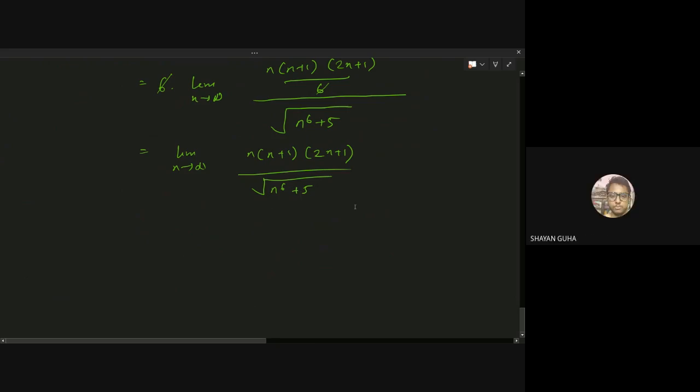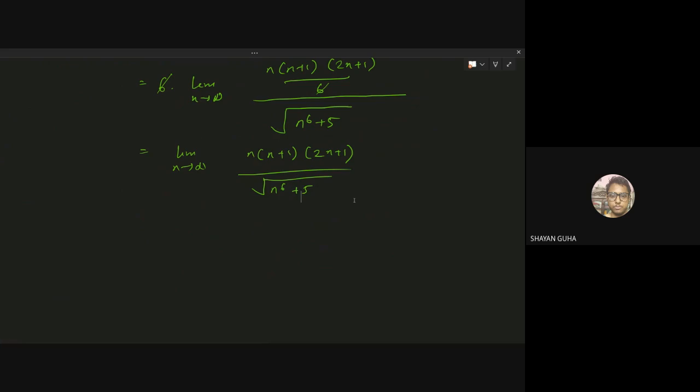Yes, the highest power of n will be 3. Numerator part. If you are not getting it, please tell me. Okay. And what about the denominator part? Now the denominator has n to the power 6. So it's a polynomial of degree 6.